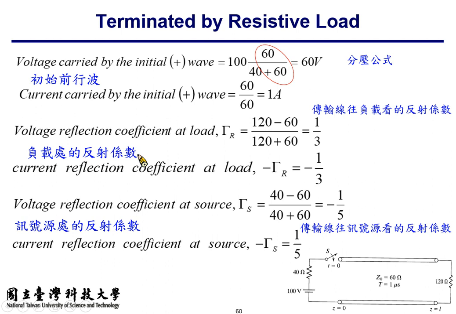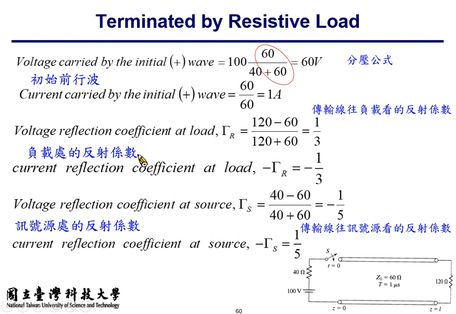At time equal to 0, when the switch is closed, the V plus positive-going signal will be 100 times 60 over 40 plus 60, so that will be 60 volts. 用分压公式.